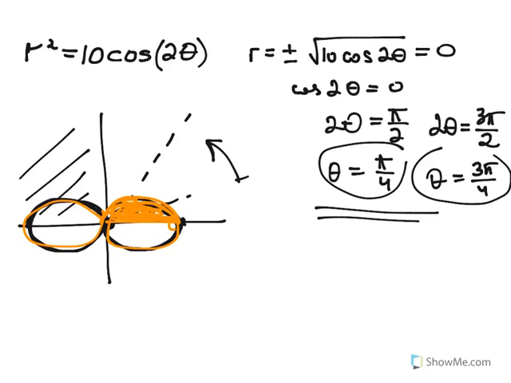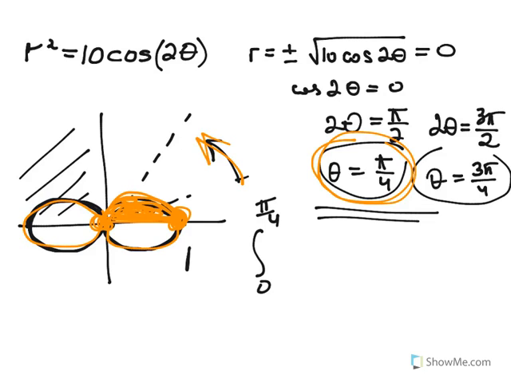Now the question is, what are the boundaries of your integral? You started here at 0, and you're going this way. And when did we get another 0? When theta was pi over 4. So your boundaries are between 0 and pi over 4. But then you're going to multiply your result by 4, don't forget.